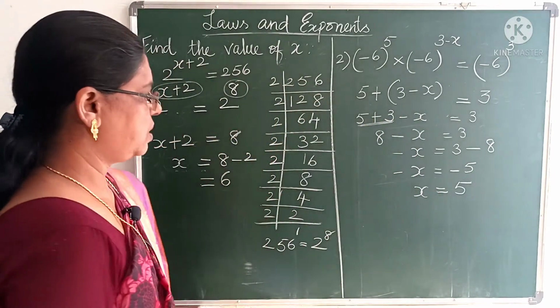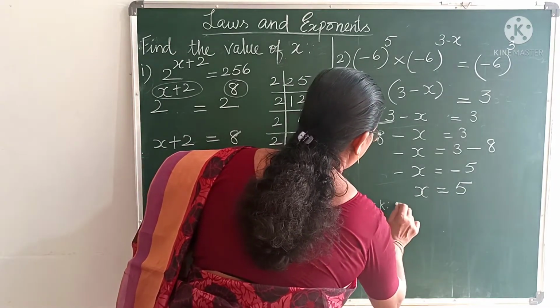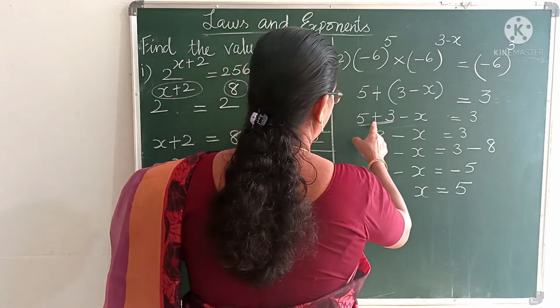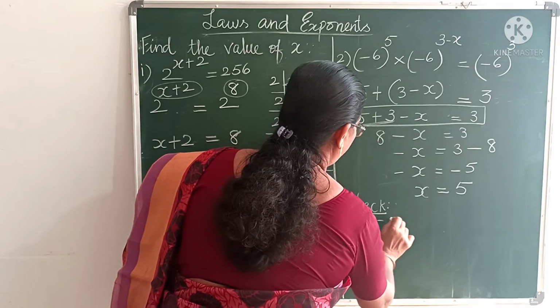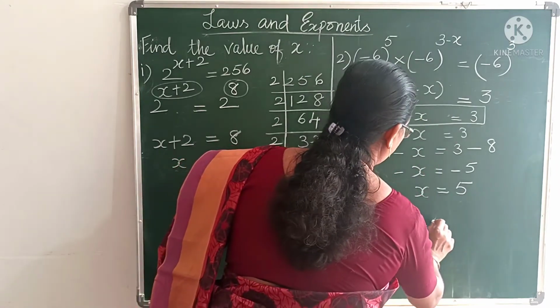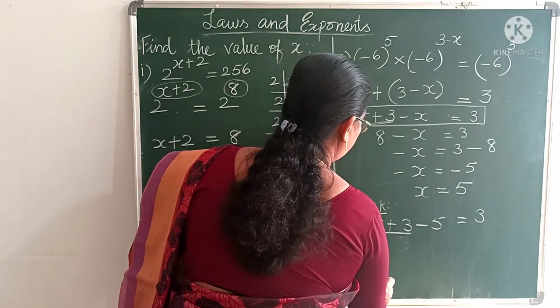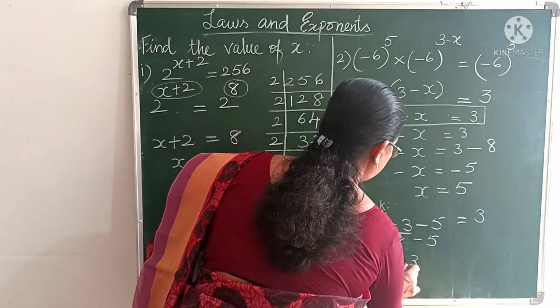So if you want to check, put the value of x in its place. Let us take this line. So 5 plus 3 minus, in the place of x you put 5, is equal to 3. 5 plus 3 is 8. 8 minus 5 is equal to 3.